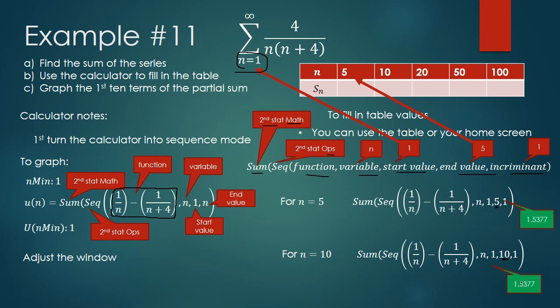It's not 1.53. That's not right. I will fix that in the PowerPoint. It should be, hang on a second, let me check my notes. It should be 1.7607. So if you're going along with me, that is not correct. It should be 1.7607. Copy and paste got me. Okay, oops.